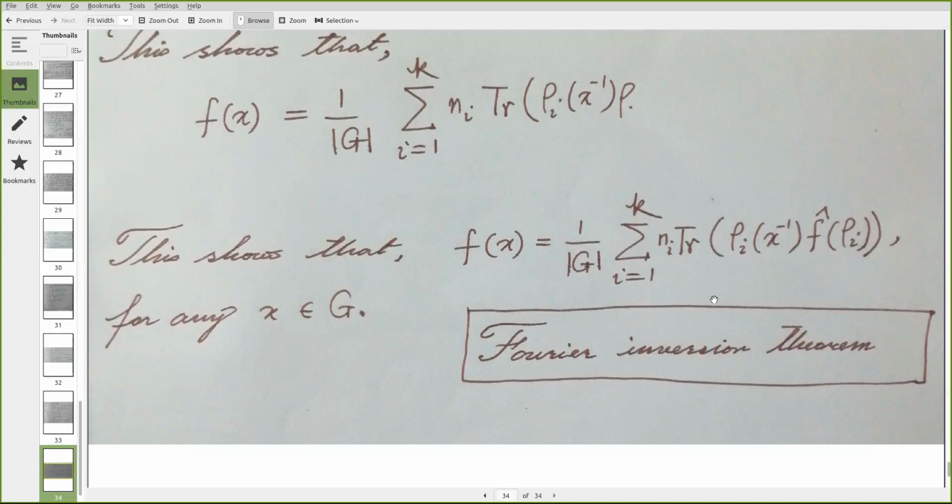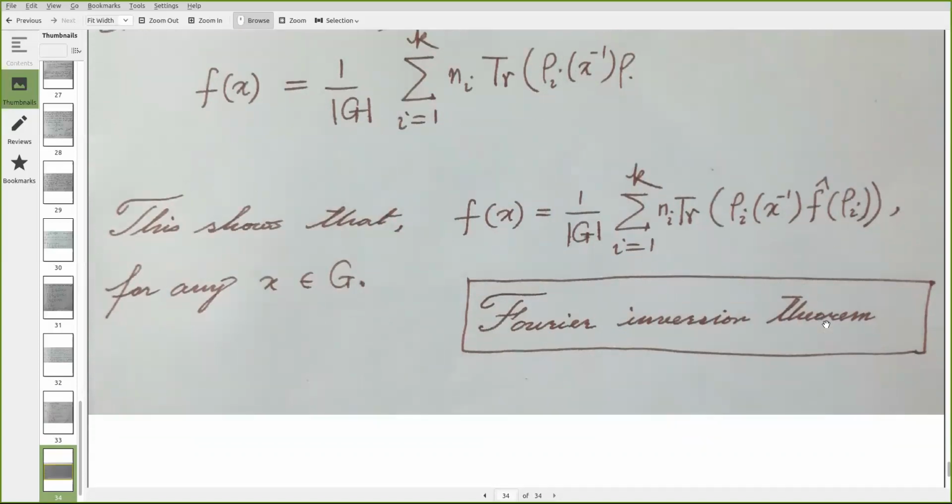Remember, for the finite abelian case, a representation is the same as its character, and the trace does not matter, and each n i is one. So once you consider them, you see this is exactly the Fourier inversion in the finite abelian case.